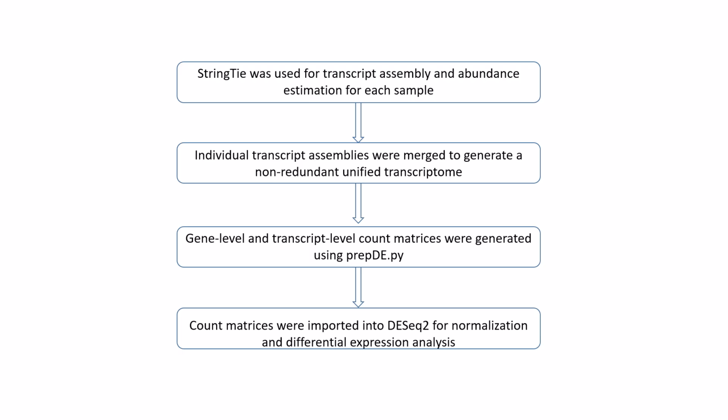This improves consistency across samples and helps identify both known and novel transcripts. Then, the prepDE Python script was used to extract gene count and transcript count matrices, which served as the input for DESeq2-based downstream differential expression analysis.